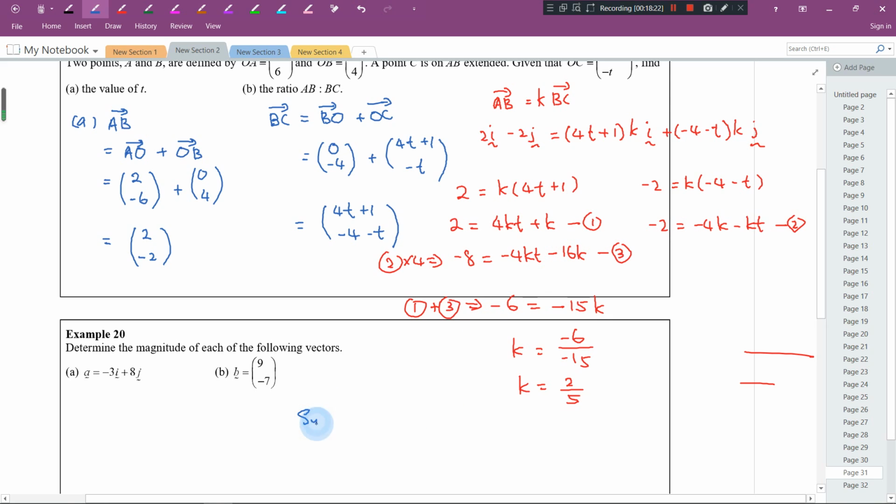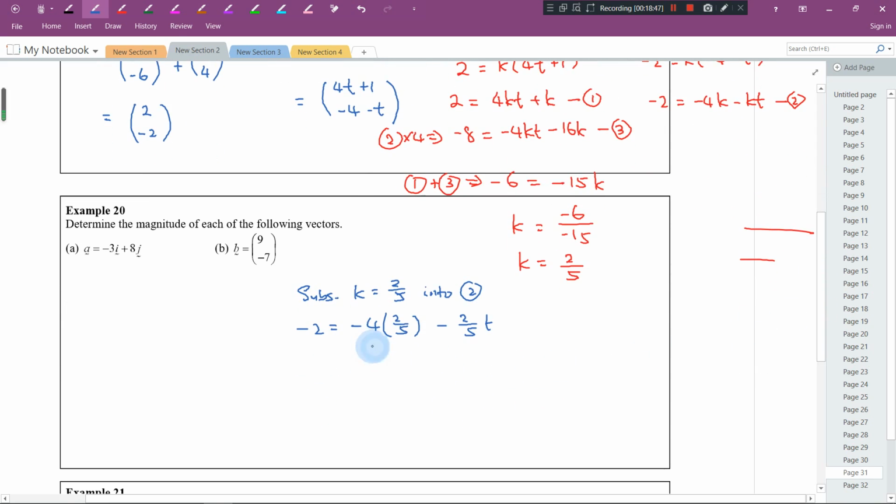Okay, substitute k equal to 2 over 5 into, okay, let's choose the second one. So negative 2 equal to negative 4k minus kt.